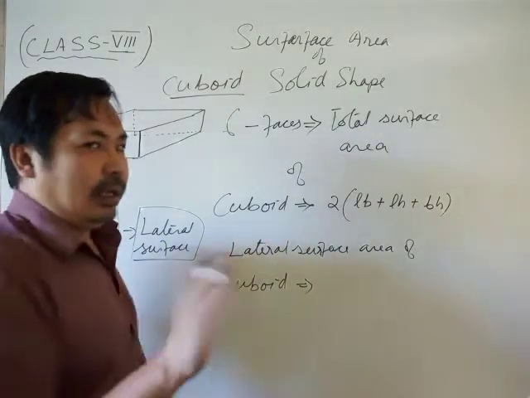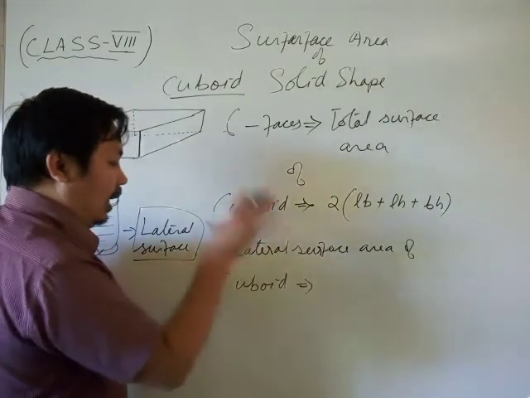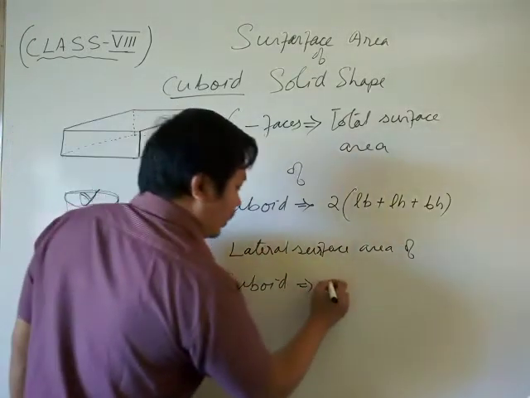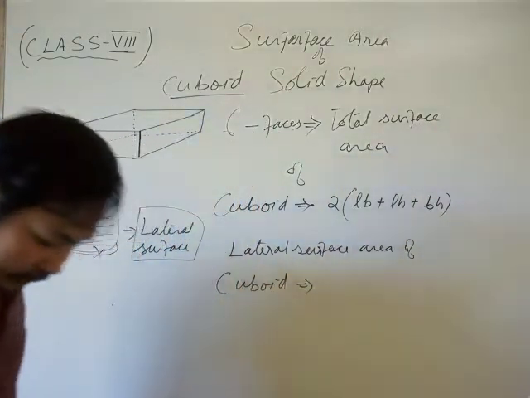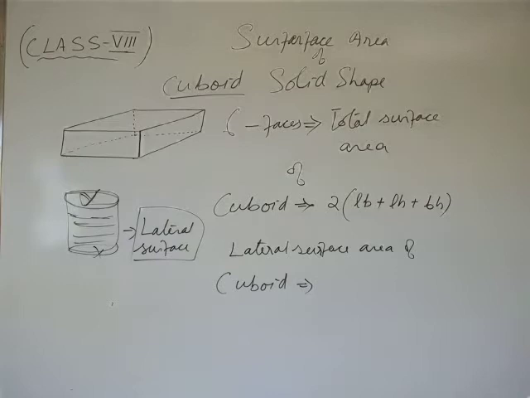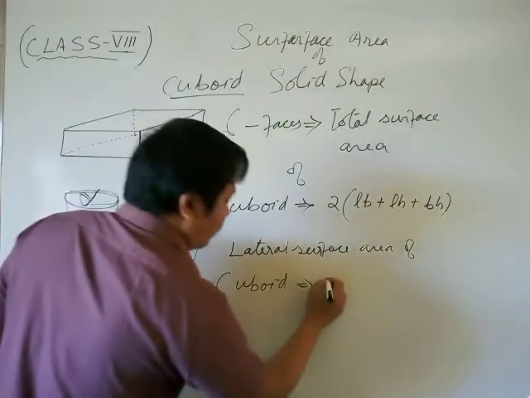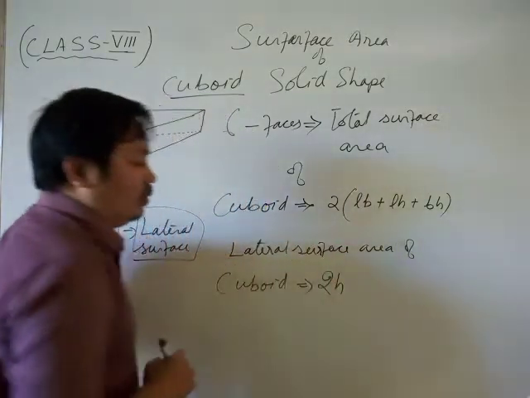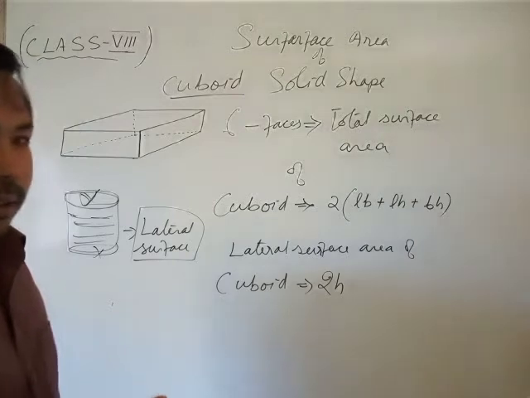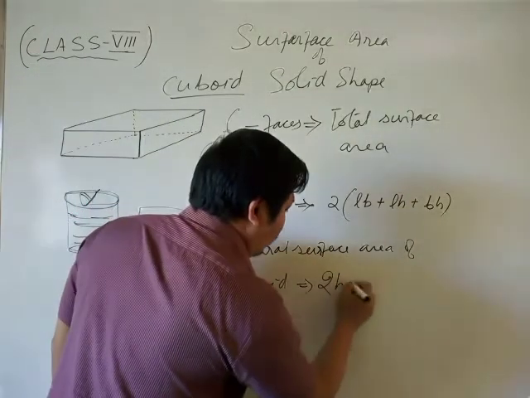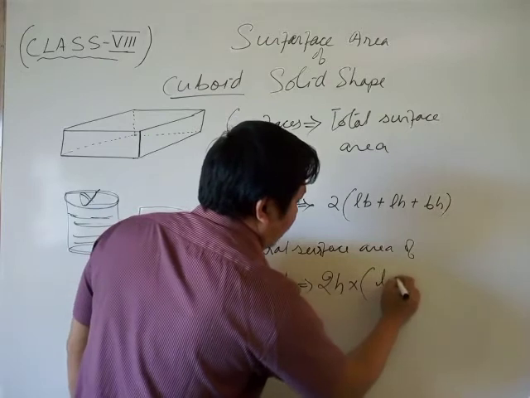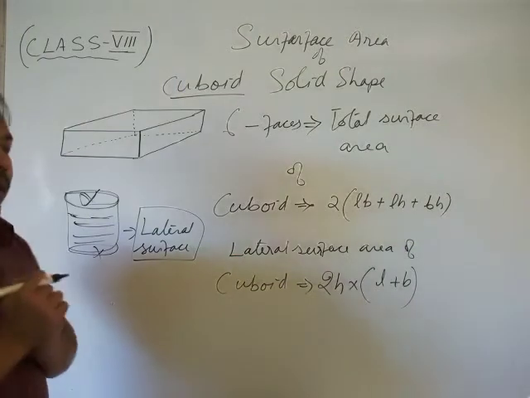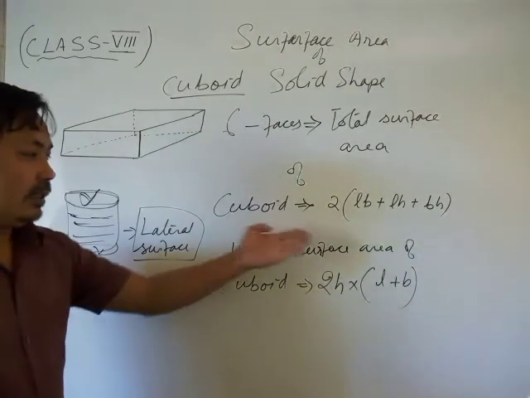So if you want to find out the area, it is called lateral surface area, and the lateral surface area of the cuboid is twice h into L plus B. This is the formula to find the lateral surface area.